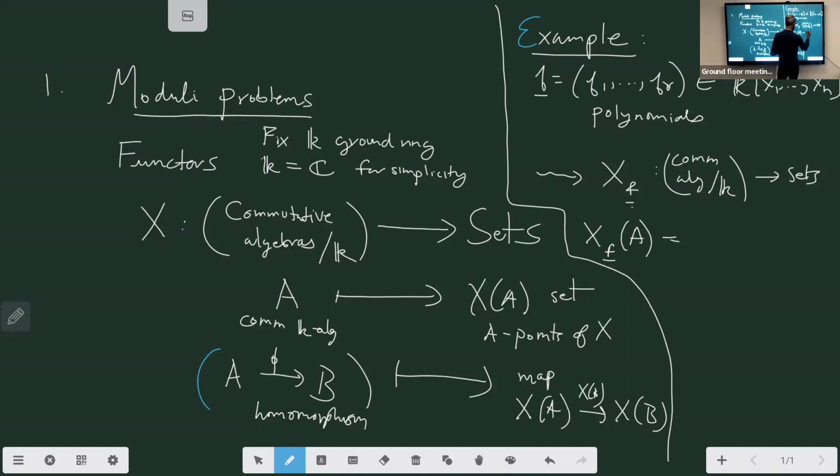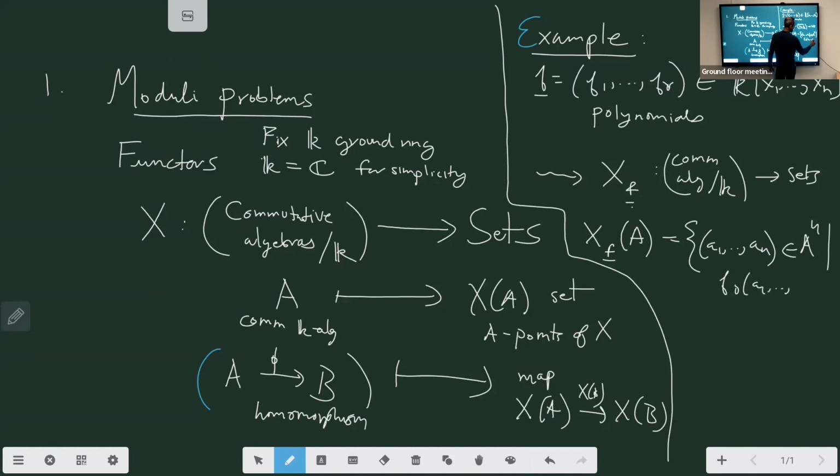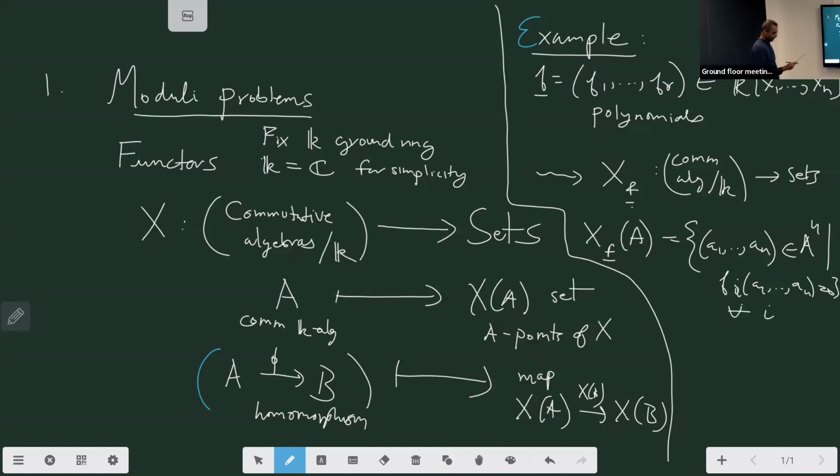So this is the set of (a1 to an) in A^n such that F_i(a1 to an) equals 0 for all i. So that's what you might call the solution set of this collection of polynomials. So you want to study zeros of sets of polynomials, and that's what we're doing. So in particular, you can look at X(k).